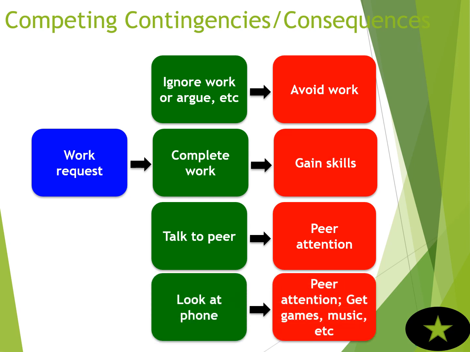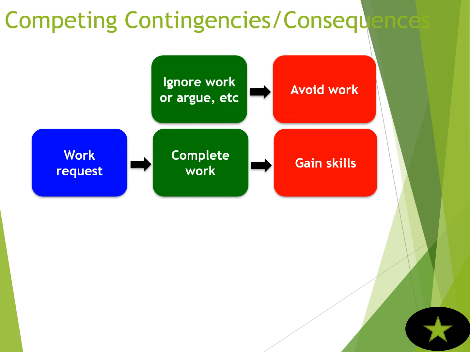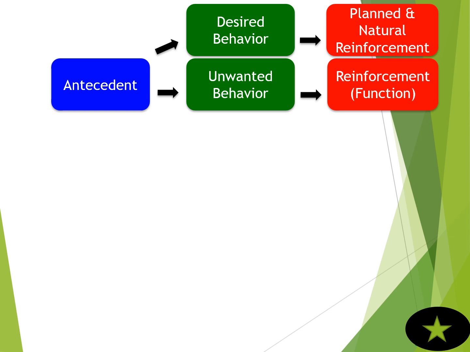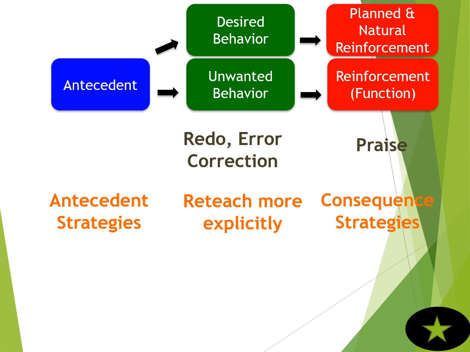Look at the phone, peer attention, get games, music, etc. So the goal is to make this the most important, most appealing, the one right there in the middle. The antecedent strategies are to redo and error corrections, and then giving verbal praise.